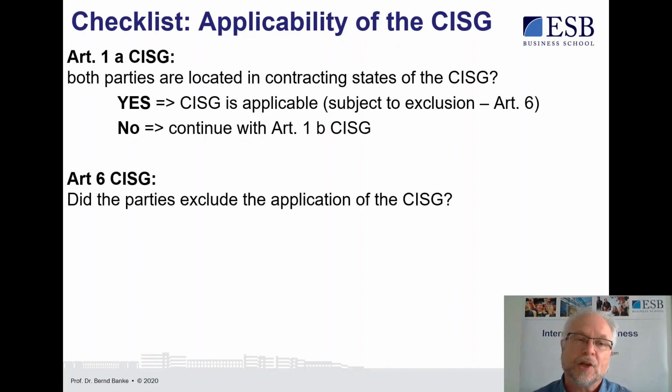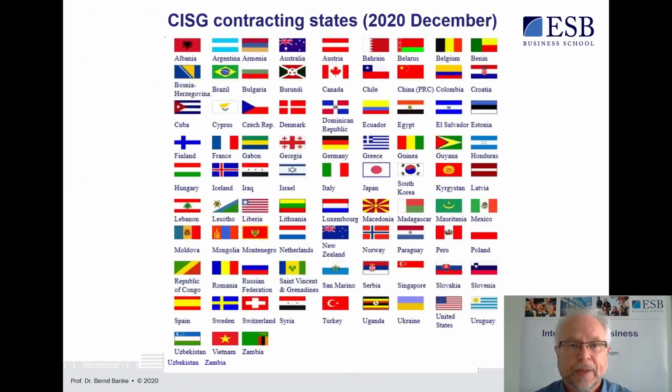Then the CISG, if both parties don't want it, will not be applicable on a case. In our case, we don't have any information that the parties wanted to exclude the CISG. But since they didn't make a decision, the court will have to find out themselves.